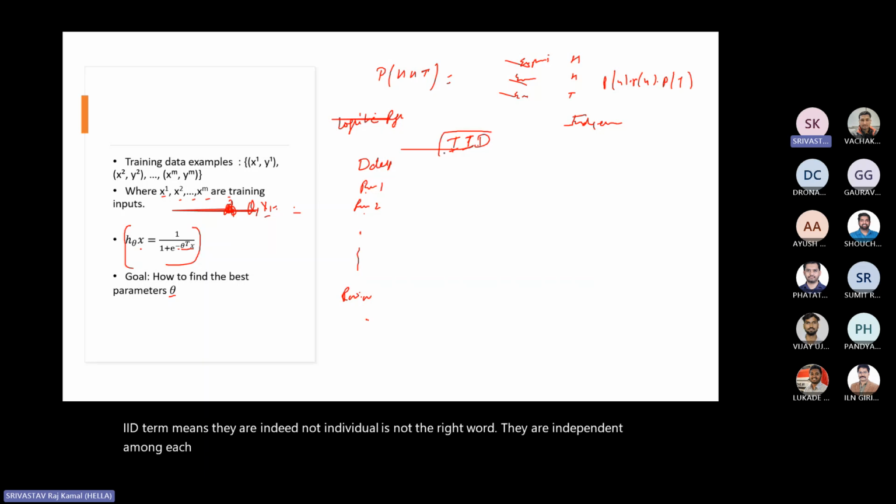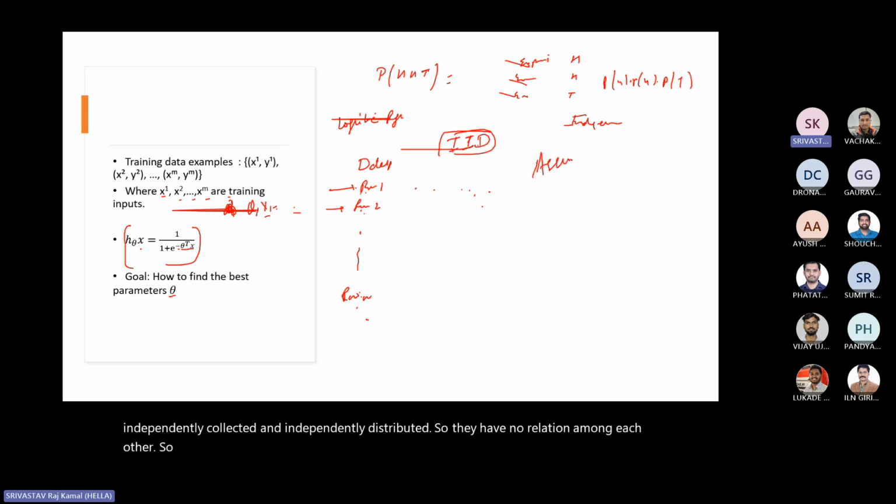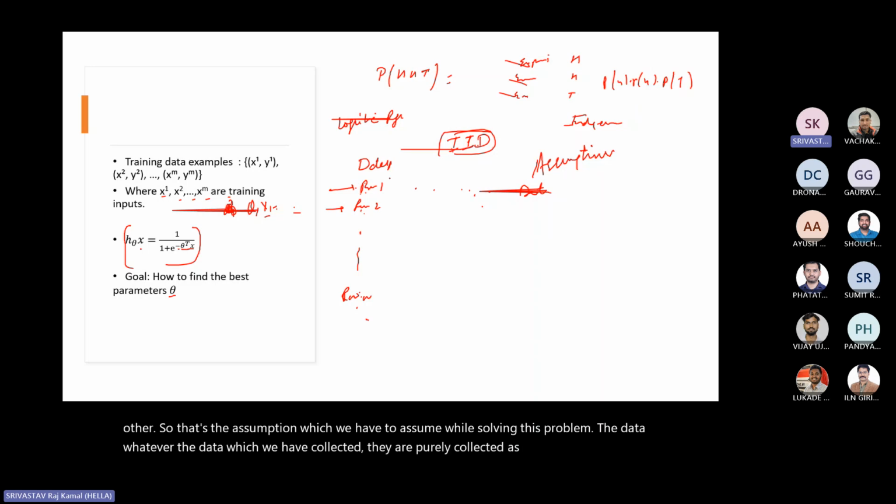That is the assumption we make: that row 1's input has no effect on row 2. Whatever data we have collected, it was all independently collected and independently distributed, purely as independent experiments. They are not related to each other. Given that assumption, we will proceed. So let me write the assumption.